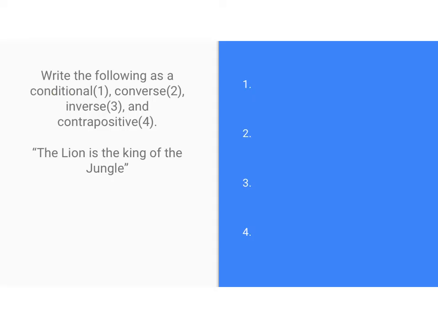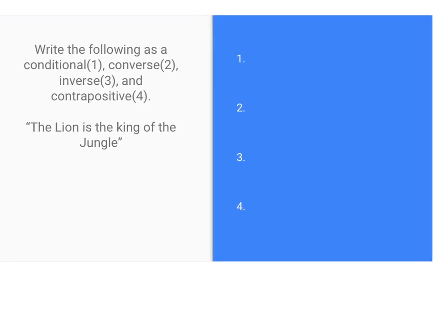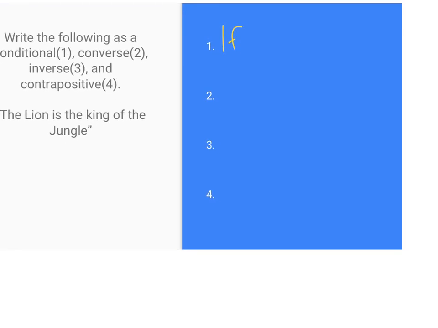Okay, let's take a look here. If I wanted to take this from start to finish, the lion is the king of the jungle, which, you know, I'm not caring about truth value right now. So my conditional: if the animal is a lion, then it is the king of the jungle.